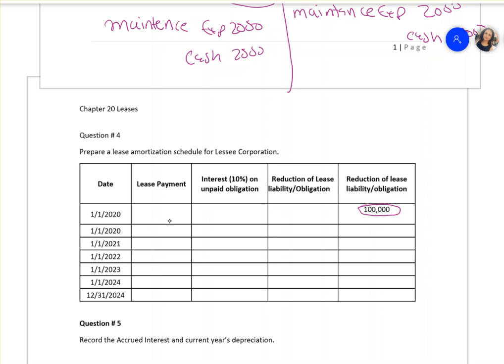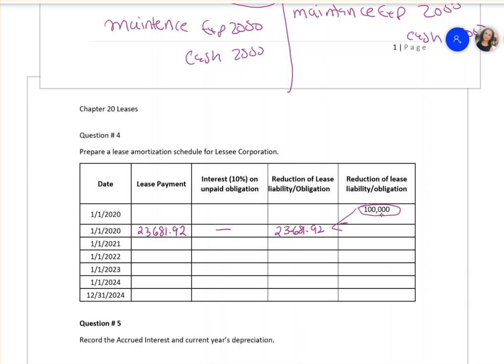When we signed the lease, on January 1st, 2020, our lease payment was $23,681.92. There was no interest on that first payment, and then we reduce our lease by $23,682, which gives me a reduction.